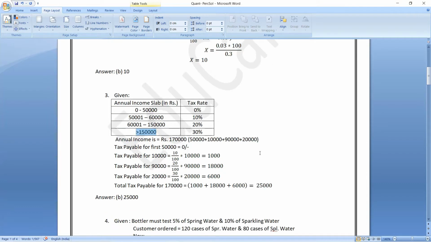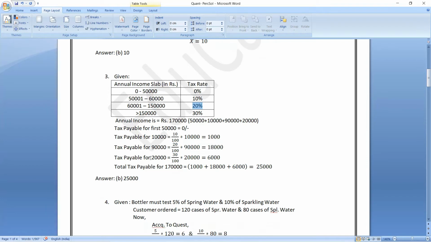Okay, so tax payable for the first 50,000 is 0 accordingly. Then for the next 10,000, that is this part, we have 10% tax rate, that is 10% of 10,000, which equals 1,000. Then for the next case, for 90,000 tax payable rate is 20%. So 20% of 90,000 is 18,000. Okay.